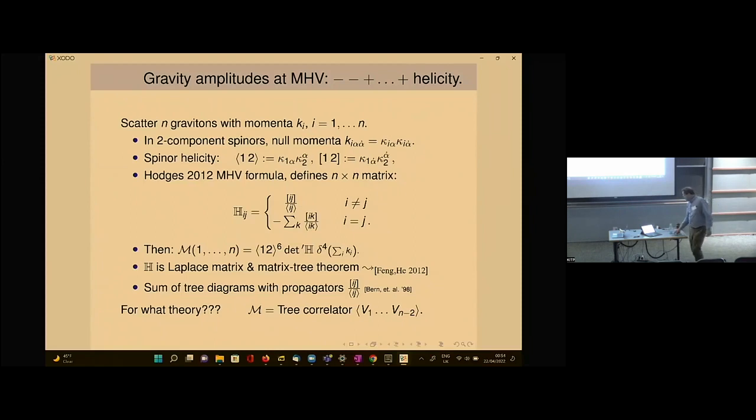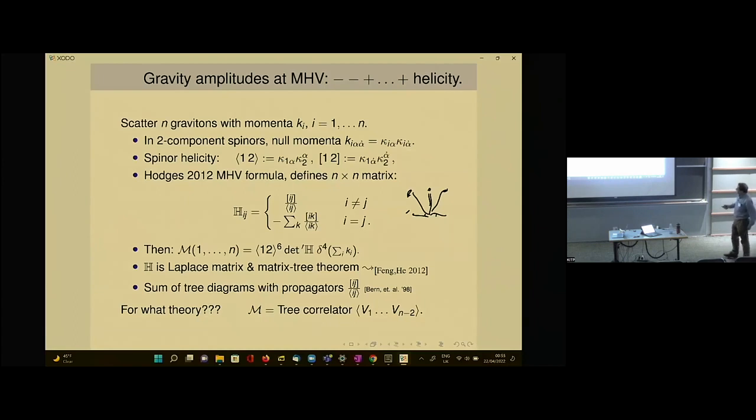So Andrew's formula related to this. You imagine you have tree diagrams, with n minus 2 vertices, and you allow all sorts of trees, and you sum over them using the matrix tree theorem. And this reduced determinant is precisely what the matrix tree theorem tells you is the sum over trees.